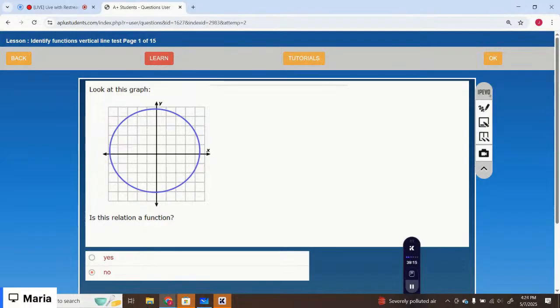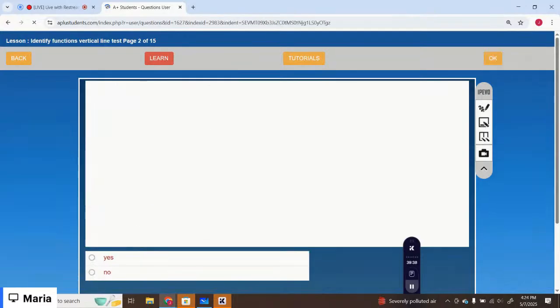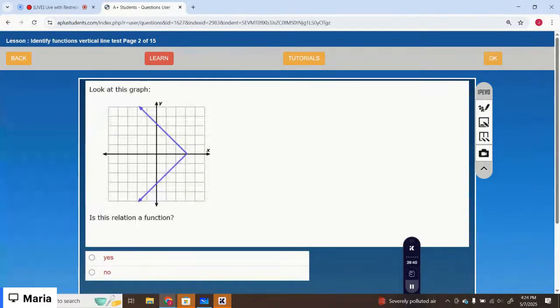You have to make a vertical line. The vertical line touches the graph at more than one point, so that is not a function. Look at this graph. Is the relation a function?